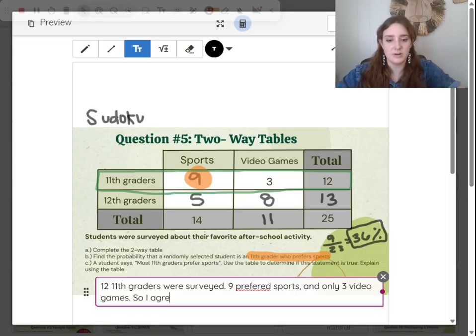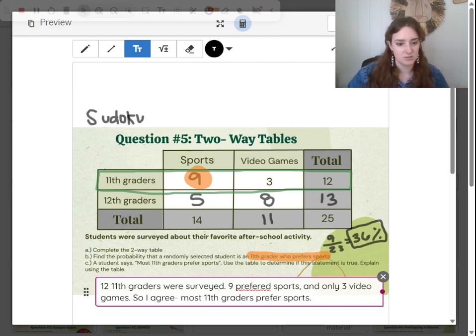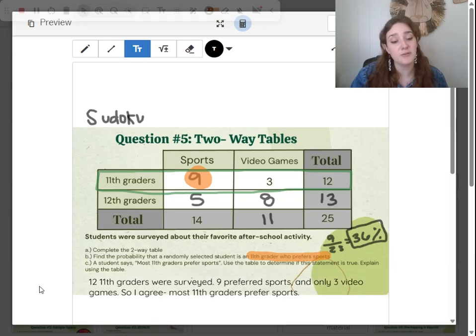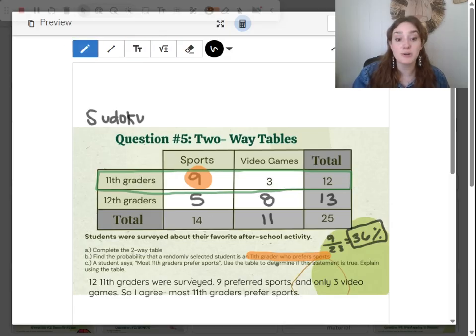So I agree, most 11th graders preferred sports. I think I'm missing an R. Yeah. All right. So 12 11th graders were surveyed, 9 preferred sports, and only 3 video games. So I agree that they preferred sports. So you're just reading the table. Do you agree with that statement or not? It might be true or false.